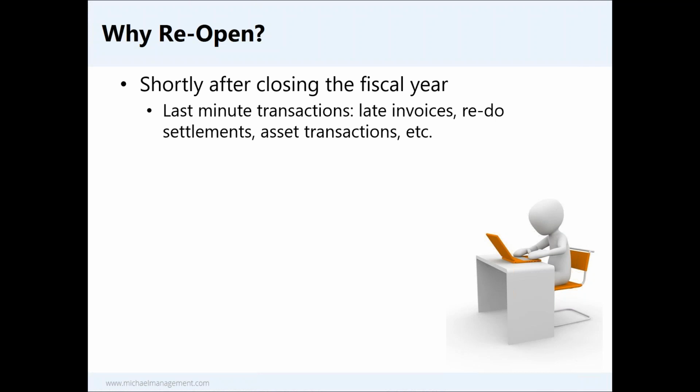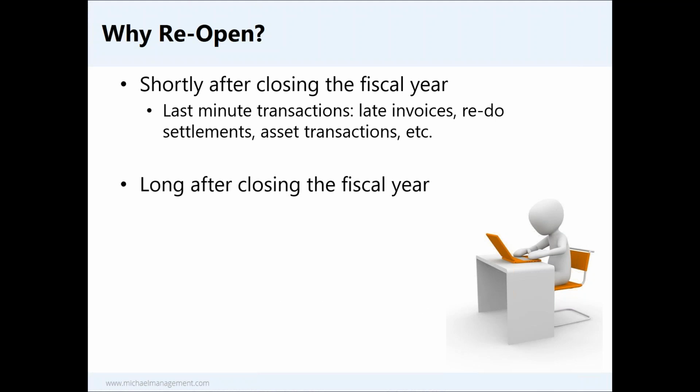So those are very common scenarios that happen literally every year, where you close the year and then something happens that still needs to be recorded, so you need to open up the fiscal year for that. And that should happen all this week, basically.